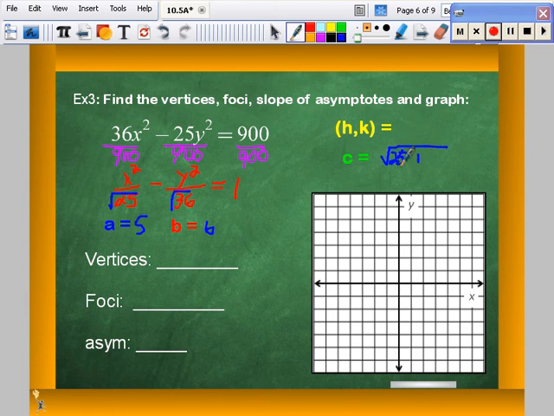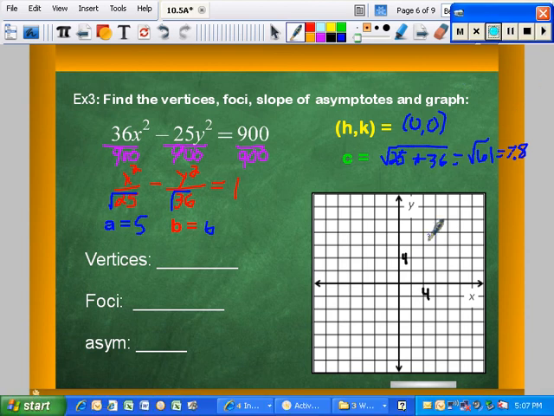Let's add 25 and 36 together, and we get 61, which is approximately, if we go to our calculator, 7.8. And our H and our K are 0 and 0.